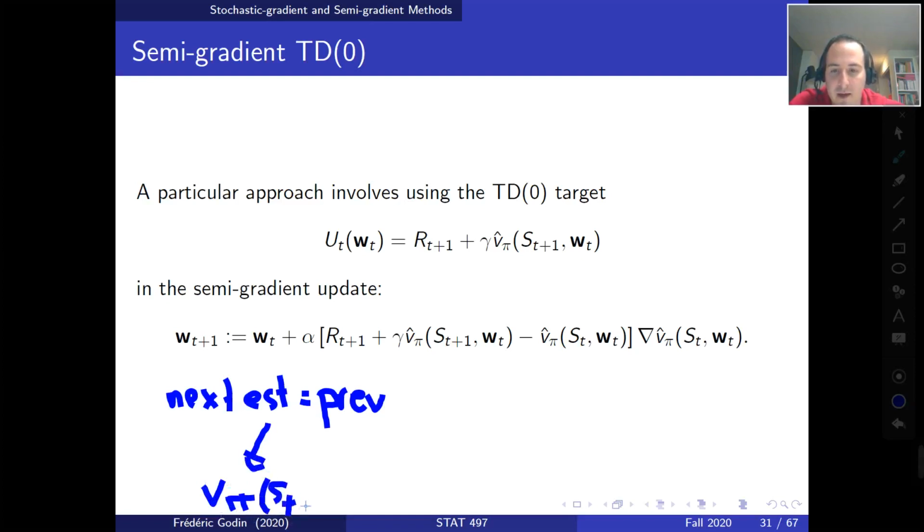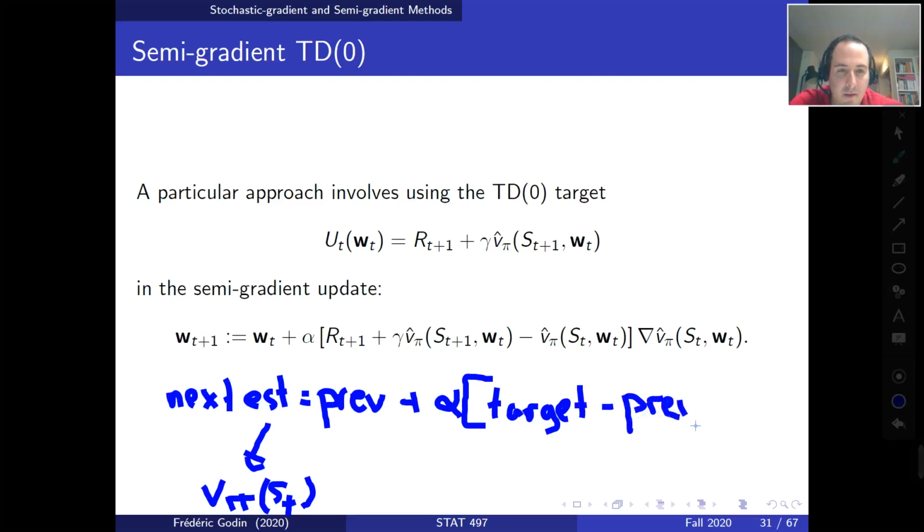So we had something like next estimate is previous estimate plus the learning rate times the target minus the previous estimate. Okay, so this is what we had in previous chapters.